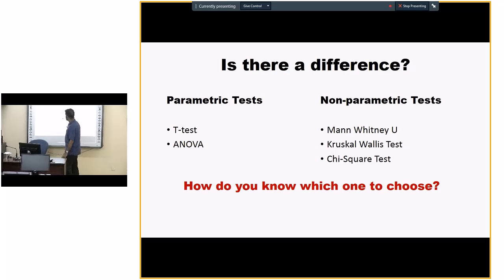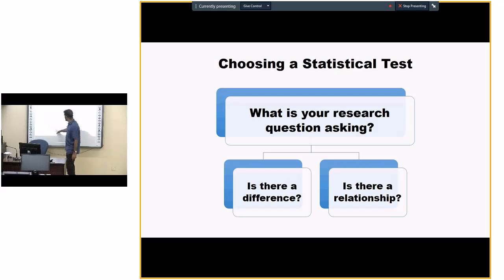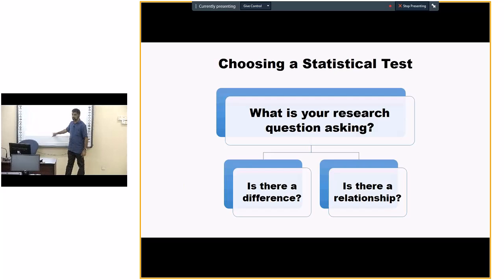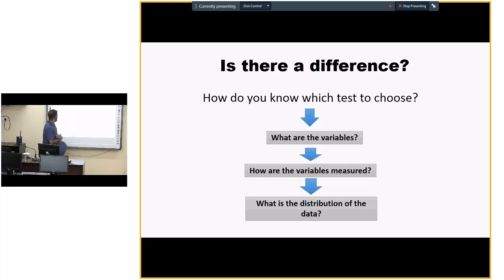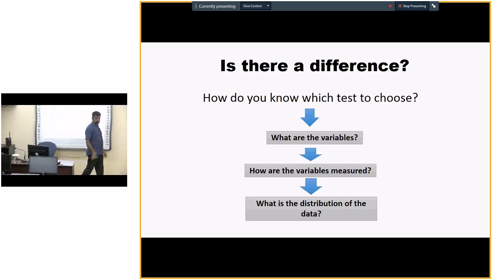Sorry, the first part is: is there a difference, right? Now, if we move to that, how do you know which test to choose for applying for this purpose? The purpose is to measure the differences, right?